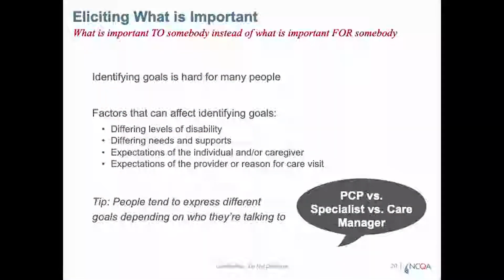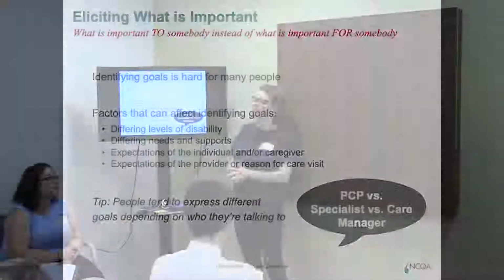There are also expectations of the individual or the caregivers, and expectations from the provider too, that can influence how people set goals. And people do tend to set different kinds of goals depending on who they're talking to.